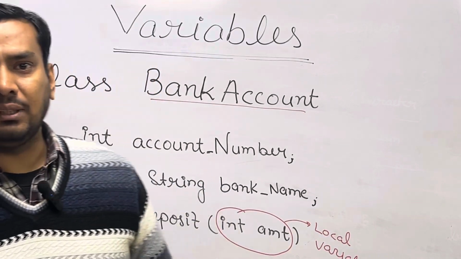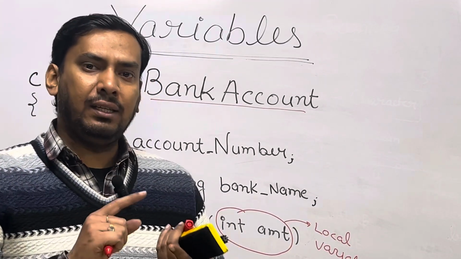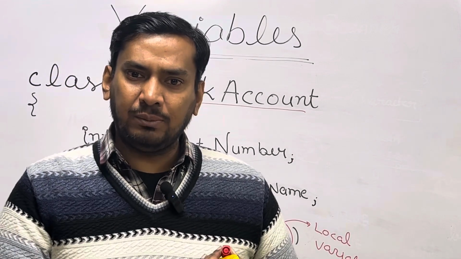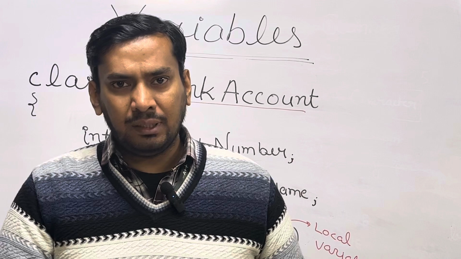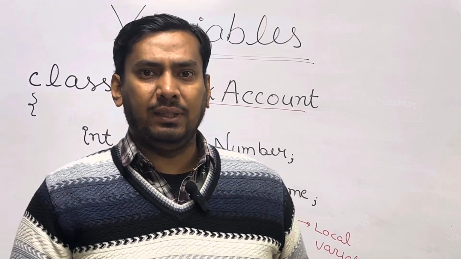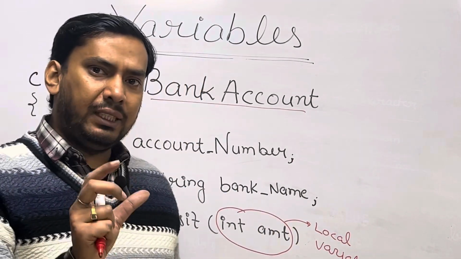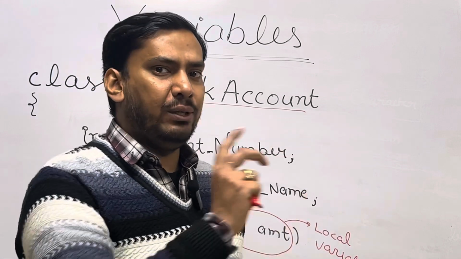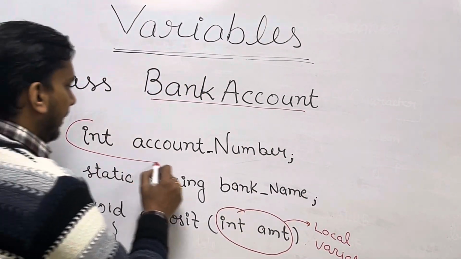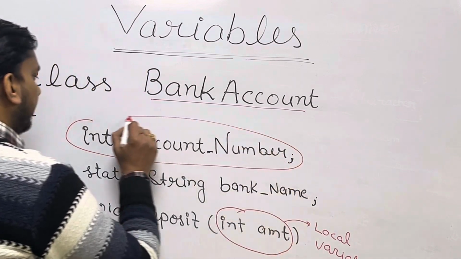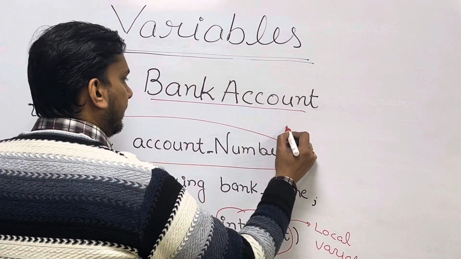Similarly, if you talk about a student, the student has his or her own registration number, his or her own name, his or her own mobile number, all these are instance variables where you feel that the object has its own values. So that is called an instance variable. So here if I have declared this account number, it has to be an instance variable.